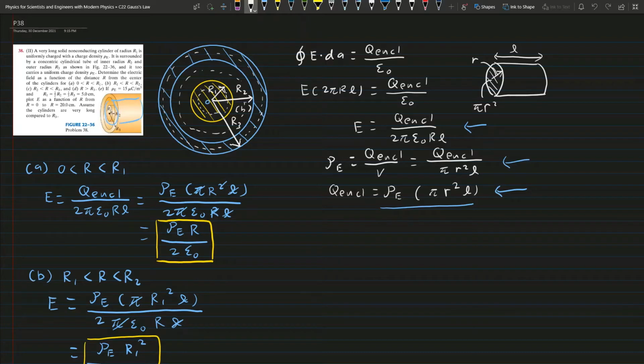From 0 to R1, the internal one, we will enclose all the charge. And the second part, let's call this delta R, between R2 and R1, does not have a charge, so we have to add up the charge from this internal cylinder with the charge in the volume of this delta R.